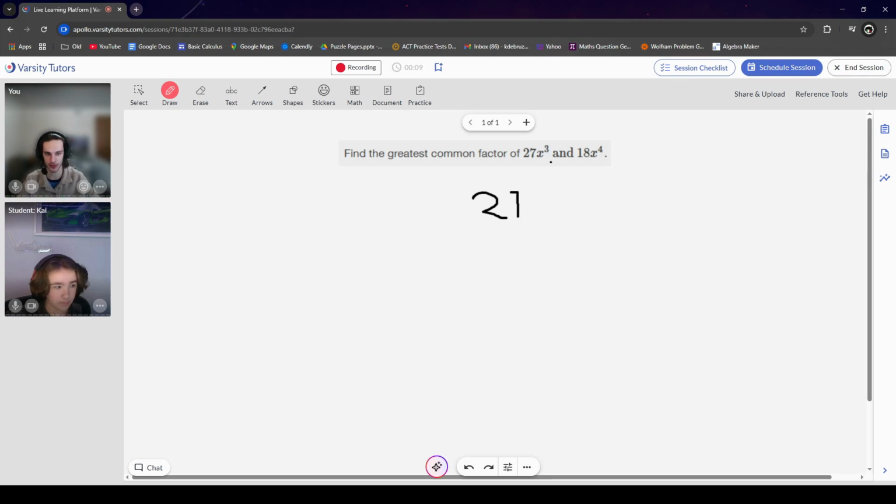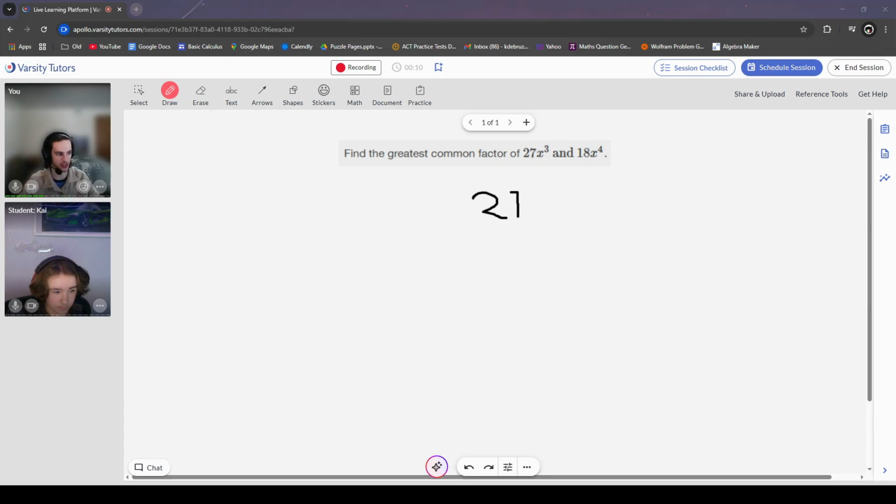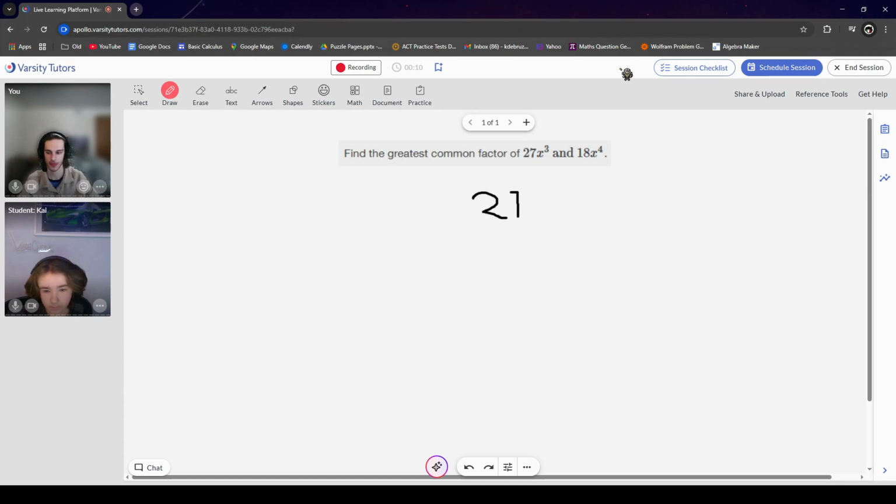See what numbers they share. Basically, if you've got 27, split it up into its parts, this number times this number. Then you can do the same for 18. And then if there's any overlap, that'll be your factor.